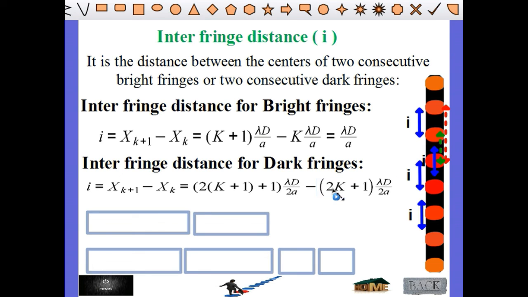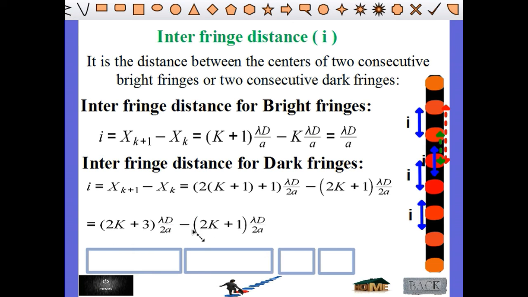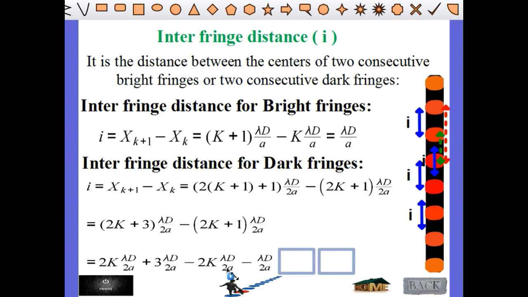Here we put, instead of k, k plus 1. 2k plus 2, I have plus 1 also, then (2k plus 3) lambda D over 2a minus (2k plus 1) lambda D over 2a. 2k lambda D over 2a plus 3 lambda D over 2a minus 2k lambda D over 2a minus lambda D over 2a.